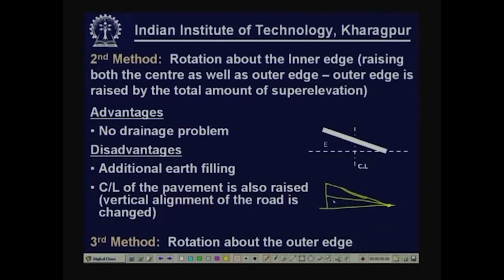Okay? To have a cross slope like this. So, what is happening? The pavement is rotated with respect to the inner edge. So, now the inner edge level is not changed. So, a major advantage with this method is there is no drainage problem now, because we have not changed the level for the inner edge, it practically remains unchanged.